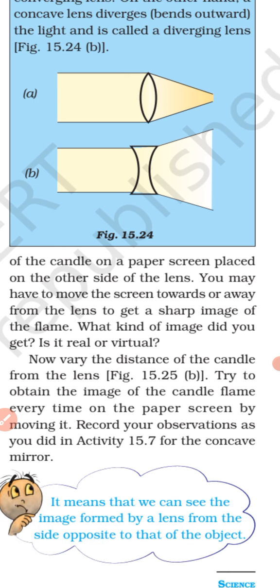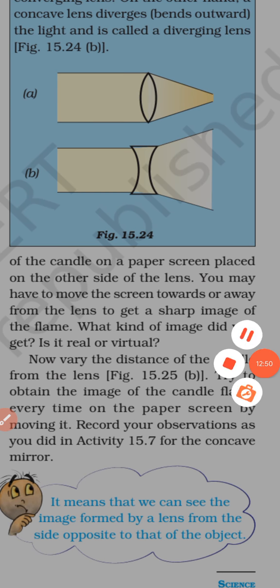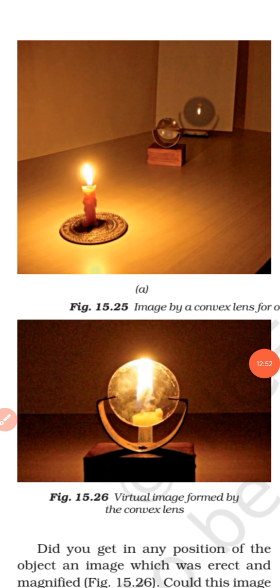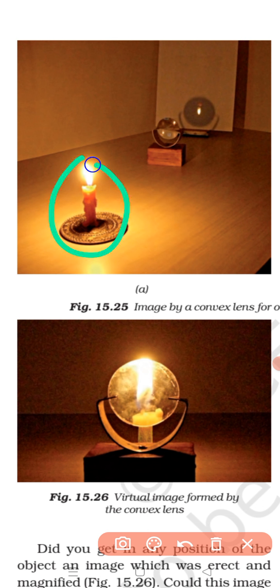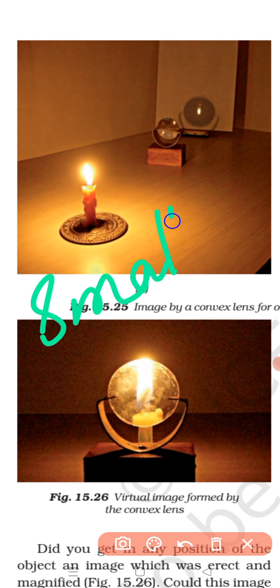Now vary the distance of the candle from the lens. Try to obtain the image of the candle flame every time on the paper screen by moving it. Record your observations as you did in activity 15.7 for the concave mirror. See, on the other page, if you keep the object at a far distance from the lens, then you will get the image to be very small, smaller than the object.